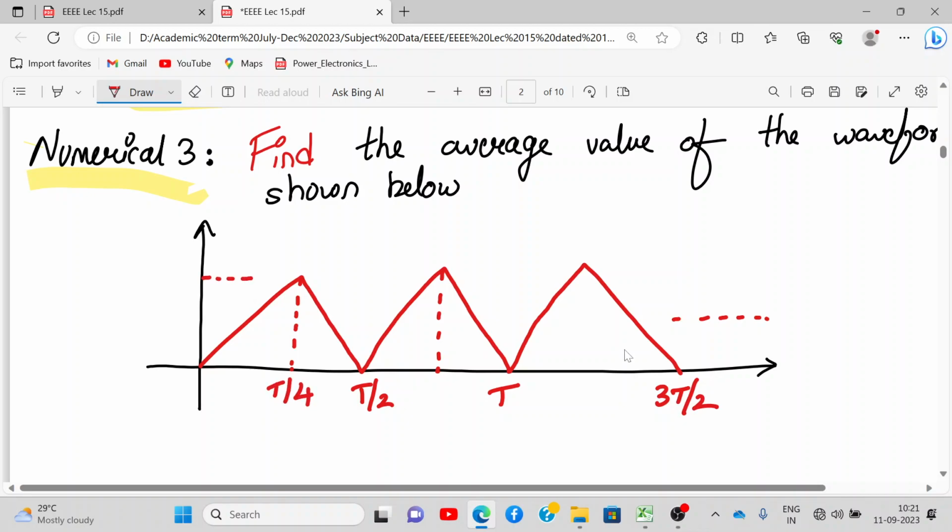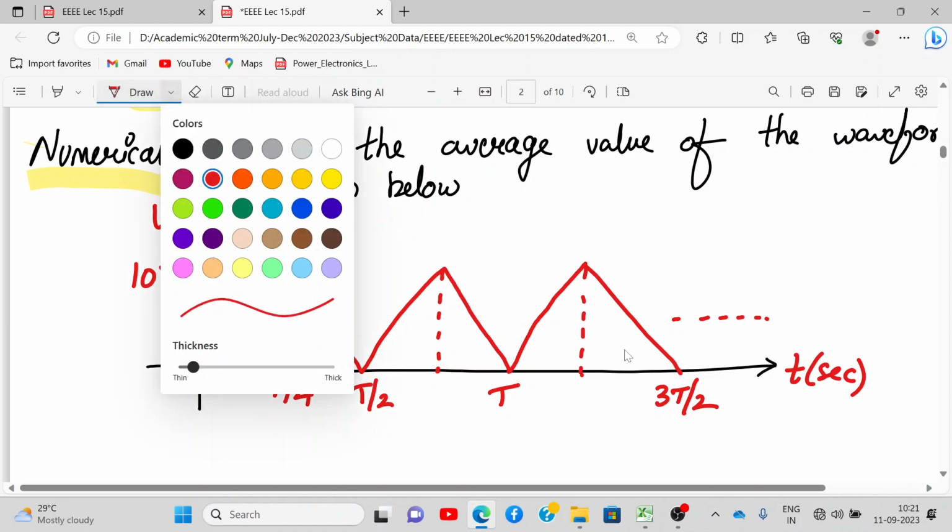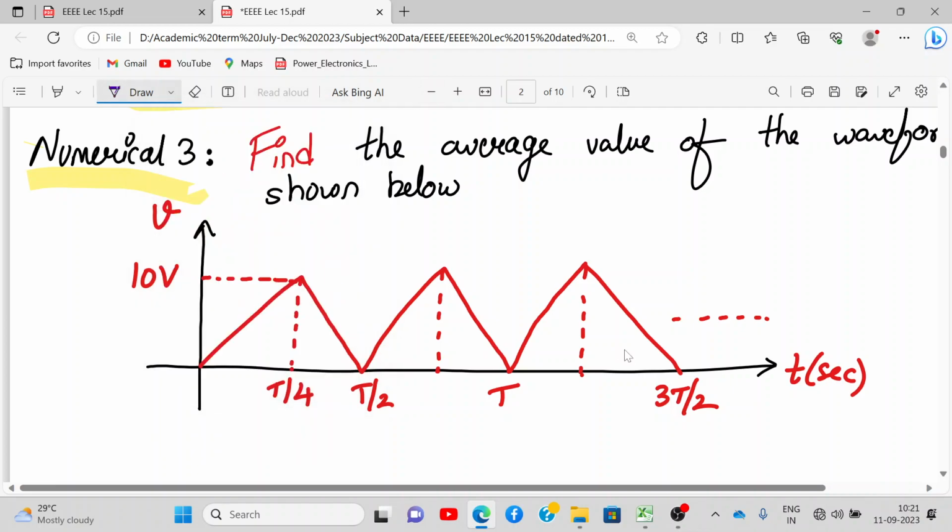And this value is 10 volt. Now you have to listen very carefully how we write the expression for this. Now what is the period of this waveform? Yes, so this is my period. Period is something from which the waveform starts repeating itself.